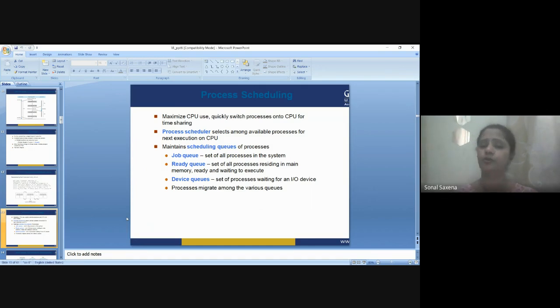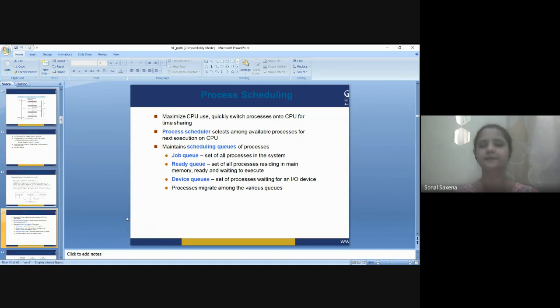It has a lot of work to do and a lot of roles to play. So it delegates this task to a separate program called the process scheduler, which controls the scheduling part. It selects among the available processes for the next execution on the CPU. It is its job to decide which process is going to execute first and which process has to wait a lot.